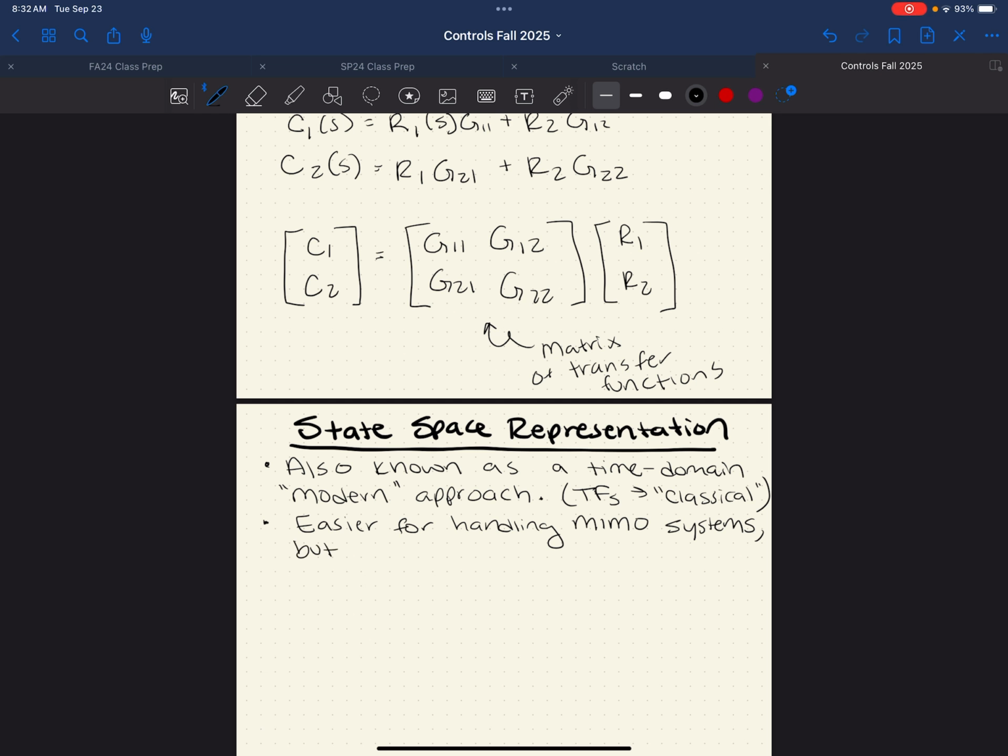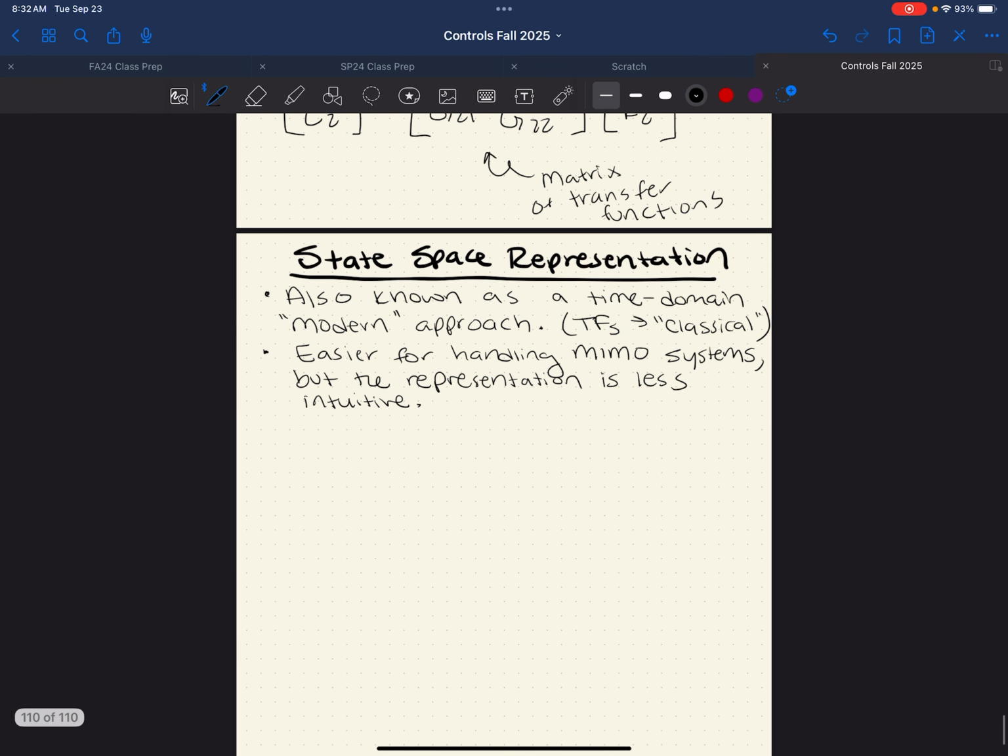But the representation can be a little less intuitive. And we're going to need to talk about this idea of a state of a system.